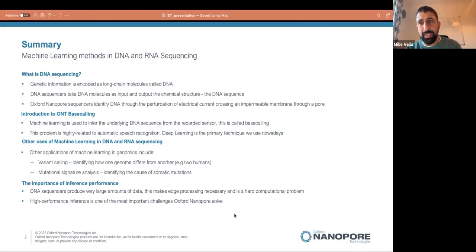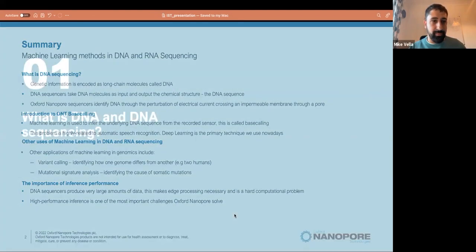So this is our prime use case for machine learning. And I'll also talk about some uses of machine learning in DNA and RNA sequencing, which aren't really specific to Oxford Nanopore, which can be applied to the field as a whole. And finally, I'll be talking about the importance of inference performance, so inference speed. It's something which isn't often covered in machine learning presentations, and to us, it's absolutely crucial. In particular, it's what my team and my wider group focuses on.